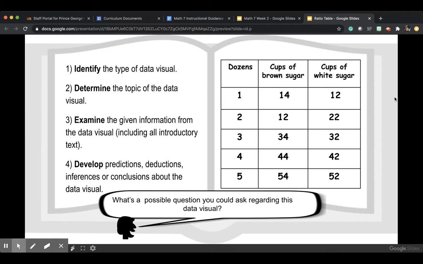Examine the given information from the data visual, including all introductory text. And then also develop predictions, maybe some deductions, inferences, or conclusions. And I'll even add questions about the data visual. So what are some possible questions you could ask regarding the visual that's presented here? So again, there are 4 questions. Let's pause the video at this time and unmute your mics and share out.